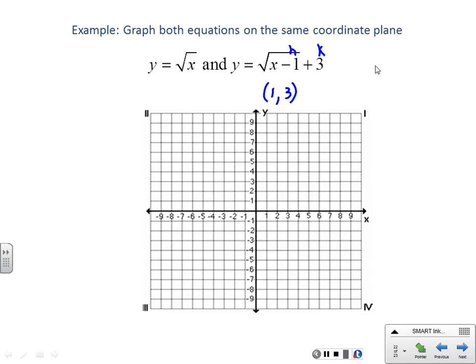Same concept. Okay? So we're going to shift to the right one and up 3. And then you can do your t-chart. If you plug in 2, you should get 4. 2 minus 1 is 1. Square root of 1 is 1. Plus 3 is going to be 4. And it just keeps going. So you have that half parabola still.